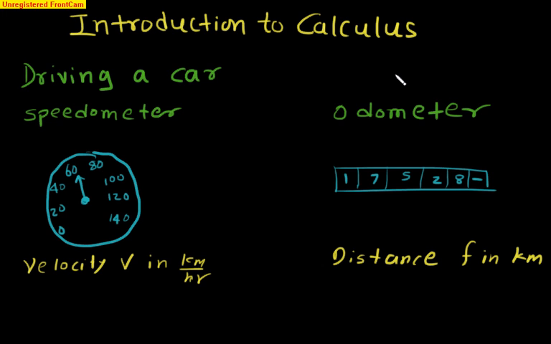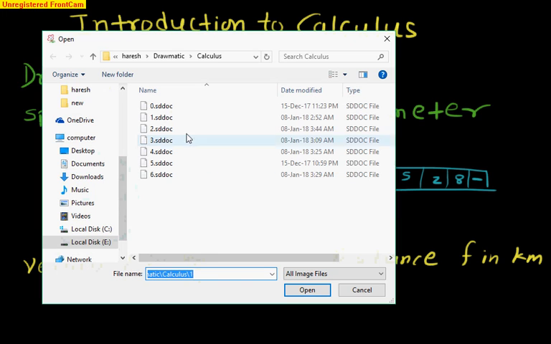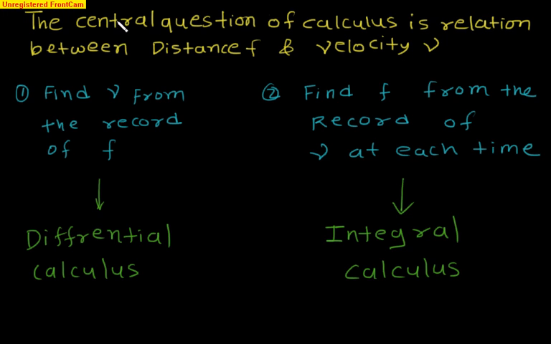These are the two basic questions which we have to answer in this subject. I have written these two questions. Central questions, these two: finding out distance from the record of velocity and finding out velocity from the record of distance.